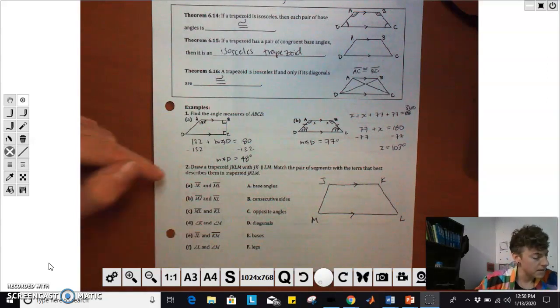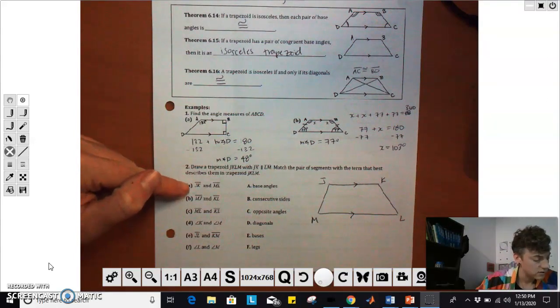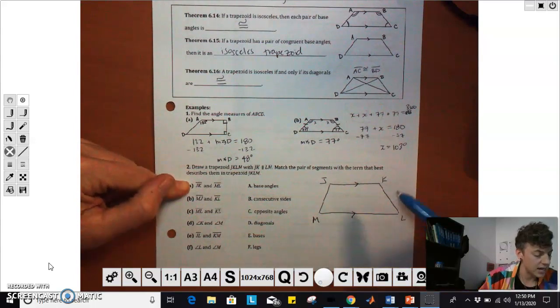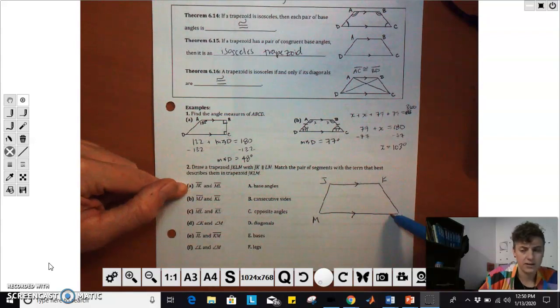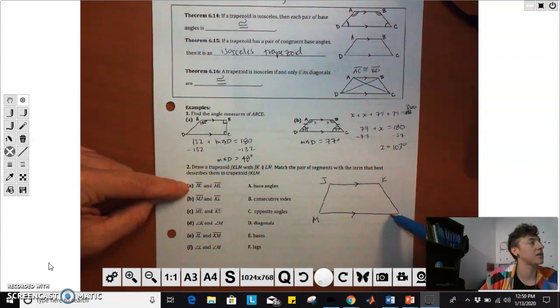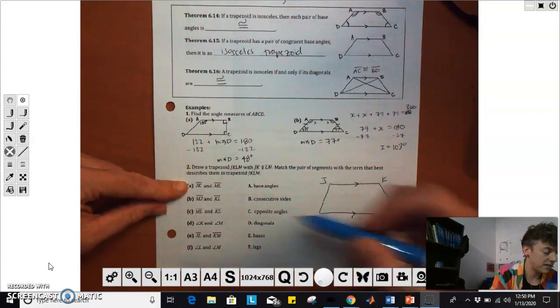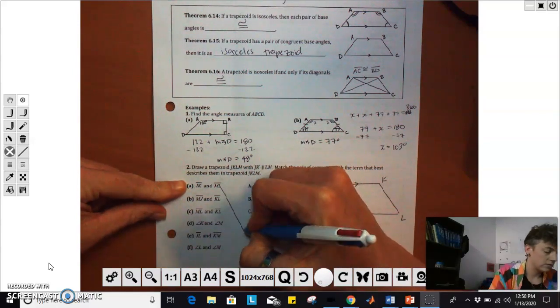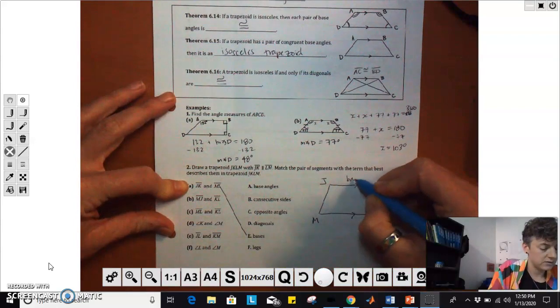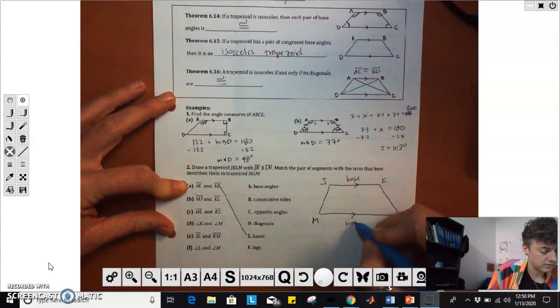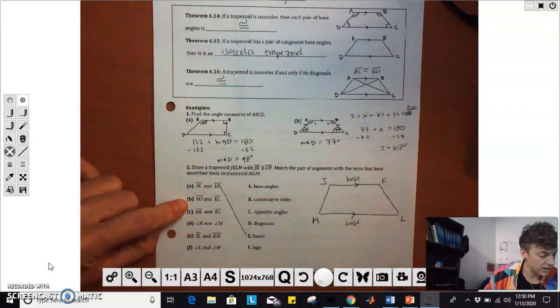All right, let's do a little matching action. Segment JK and ML are the what? Yell it out, A2. Those are our bases, or segments. That's a base. That's a base. How about MJ and KL?